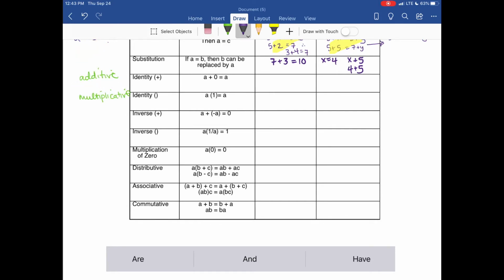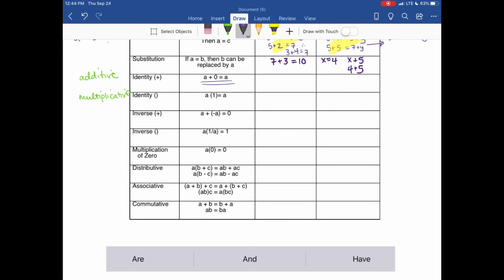Now, our next two properties are related. One is the additive identity, whereas the other is the multiplicative identity. For additive, what number can I add to any real number and still get that same number? What can I add to any number and still get that same number?